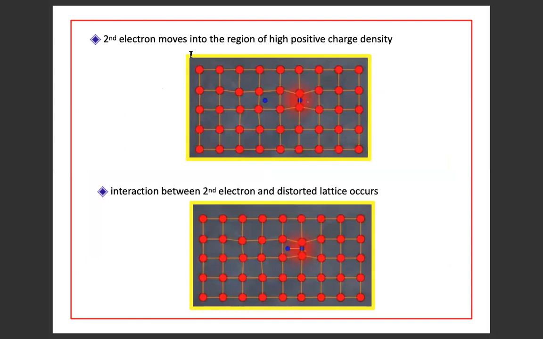Now, if a second electron moves into the region of high positive charge density, then as this electron enters the lattice, we see that bonds are disturbed. But as this electron reaches this high positive charge density region, interaction between the second electron and the distorted lattice occurs.